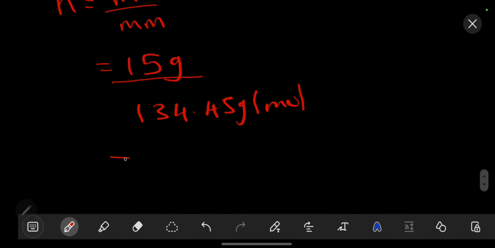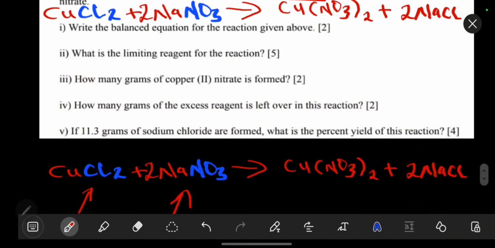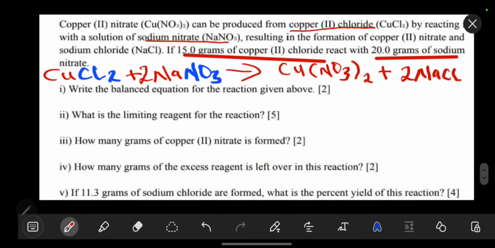We are going to get 15 divided by this answer, which gives us a value that is equivalent to 0.1116 moles.